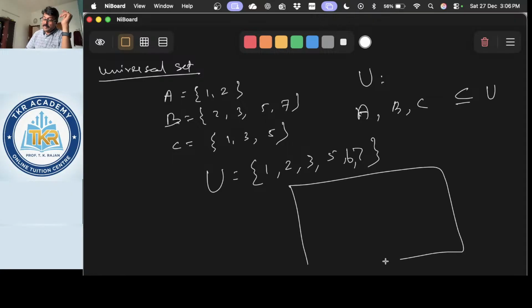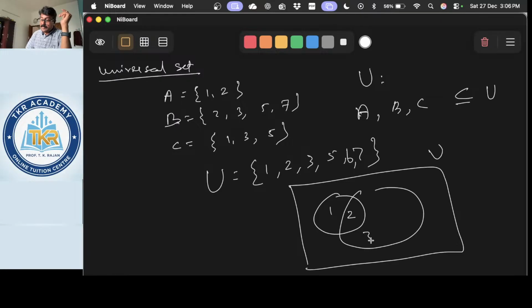Using a Venn diagram, the universal set is denoted by a rectangle. This is the universal set. Then there is an A here, which consists of only 1, 2. Then B is there, consisting of 2, 3, 5, 7. Then 1, 3, 5 is C. This is the Venn diagram that we can write for this A, B, C. This is the universal set.